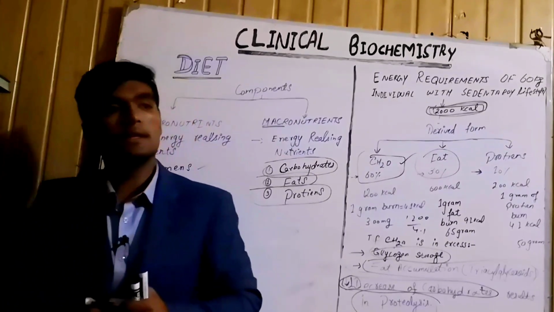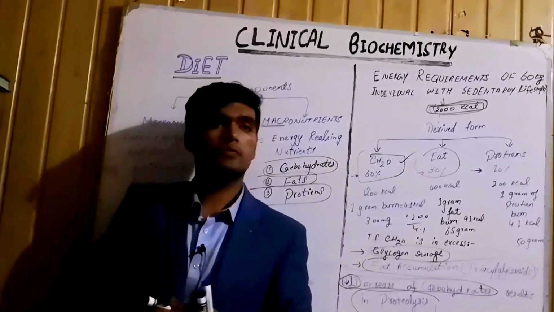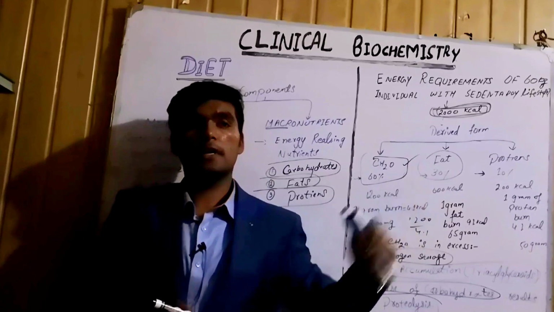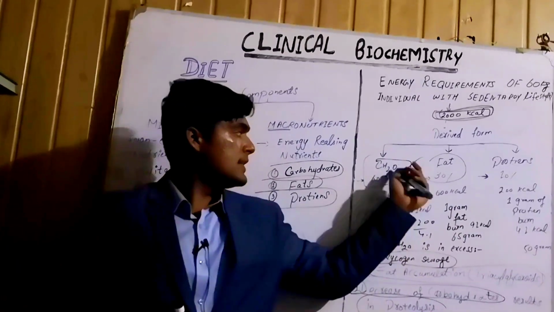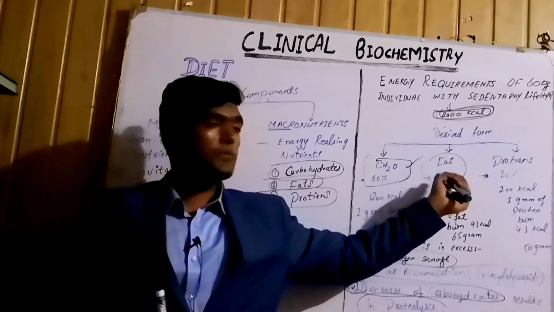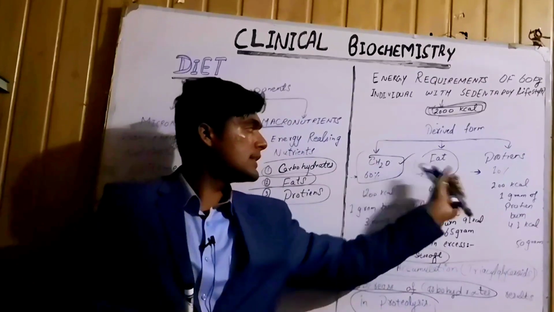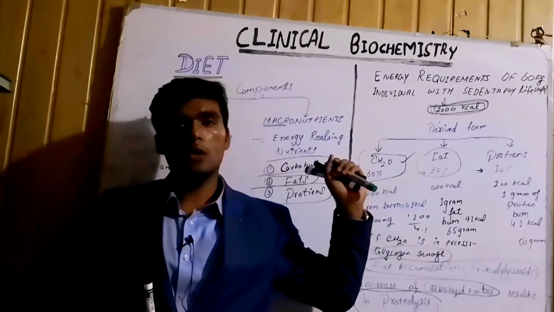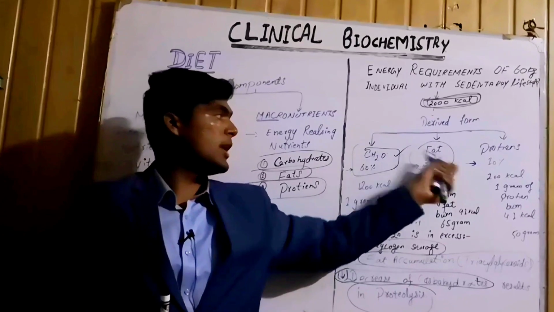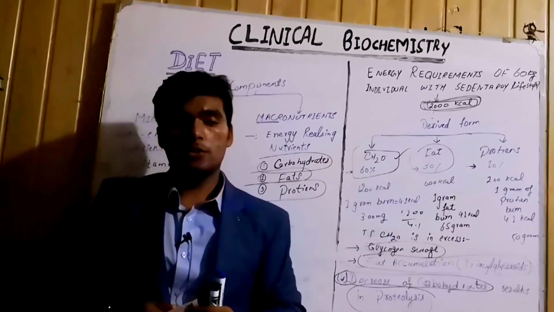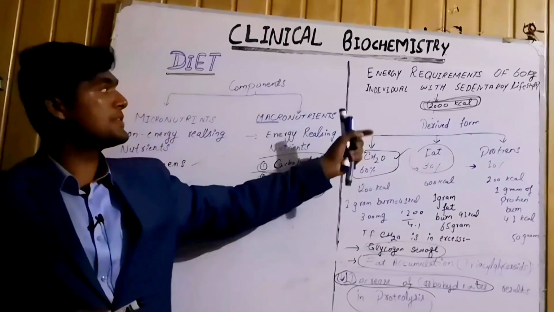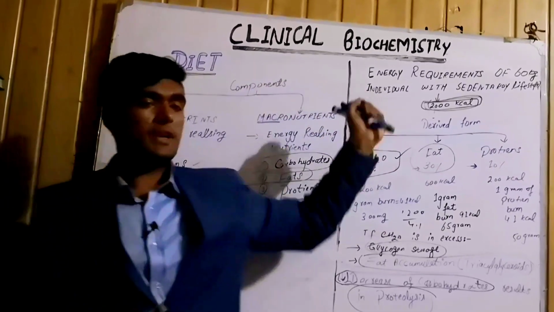So guys, this is the basic discussion of how to calculate the energy requirement. These are the basic percentages, even if your weight is 80. According to your energy requirement, you have to calculate that. So this is our basic lecture on diet as well as energy requirement.